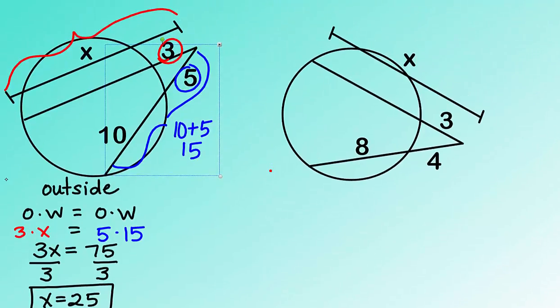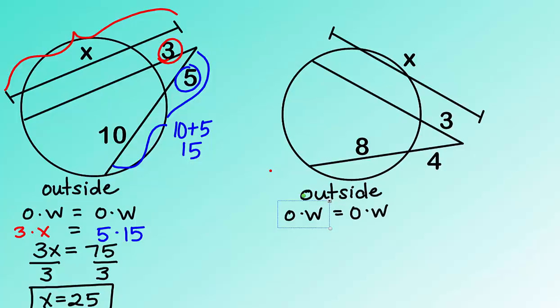Again, I identify that my intersection is outside of the circle. So I'm going to use ow, ow. I have an outside of 3 and a whole of x.